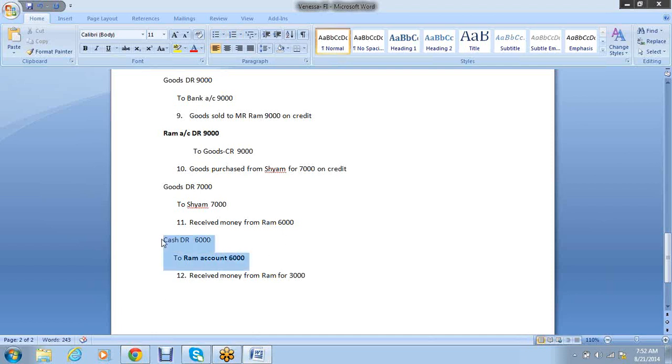Again the same entry will be posted with a different amount. So total is 9,000 and the balance is 0.